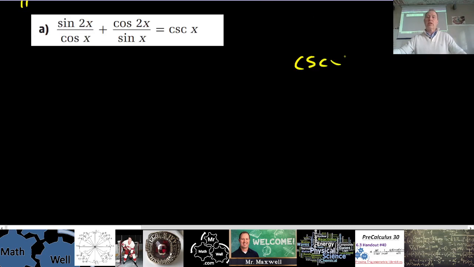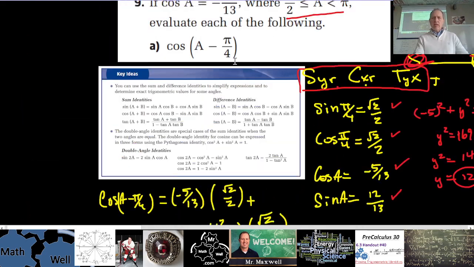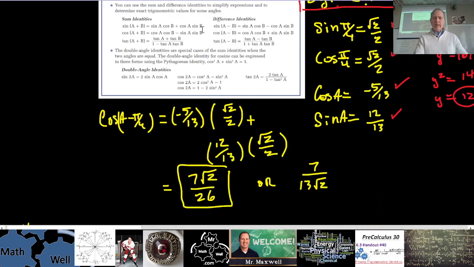So I'm going to put cosecant x over here, and I'm going to work on this left side to try and replace things. I see a sine of 2x there, and I see a cos of 2x. So I'm wondering if we can replace sine of 2x with one of its double angle identities. The double angle identity, sine of 2a is 2 sine a cos a.